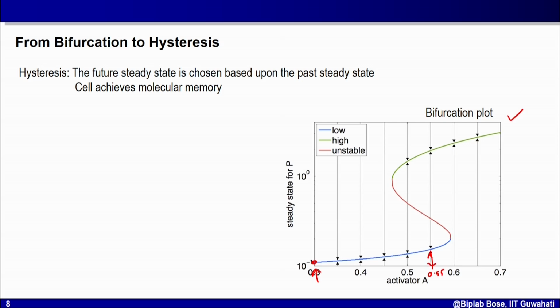Now if I allow the system to reach steady state by waiting for some time, the system will have three possibilities: three steady states. Obviously the middle one is unstable, so the system will not move there, but it has the option to either stay at the lower value or jump to the higher one.